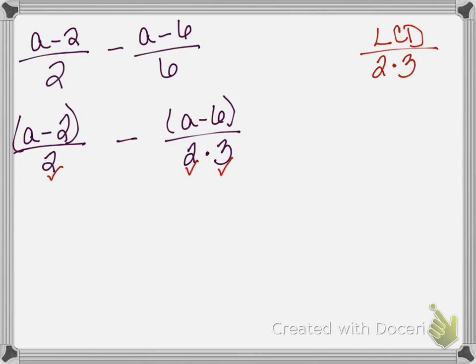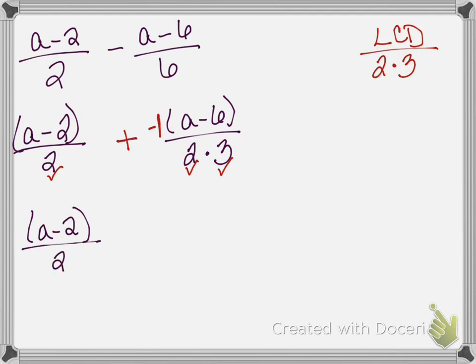Okay? I also want to deal with this negative sign. I'm going to make this plus a negative in my numerator. Students often make a mistake right there with that negative 1 because that negative 1 has to be distributed across the numerator. So that negative 1 goes to the a and it goes to the negative 6. Okay, so now I have a minus 2 over 2.